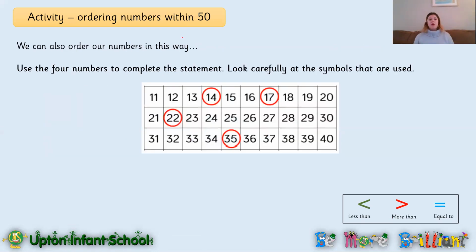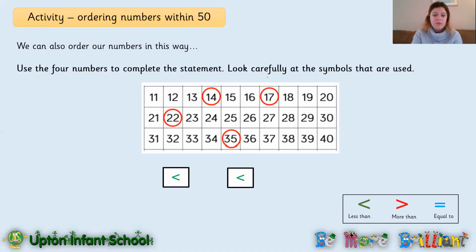Okay, so we can also order our numbers using our 100 square, like we just did. So we've got 4 numbers that are circled here, and we need to look carefully at the symbols that are used.